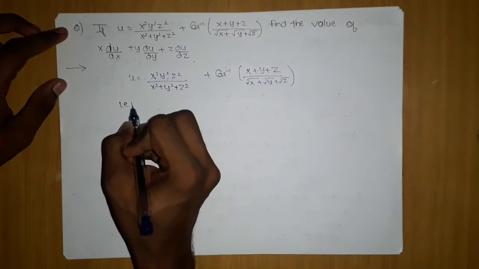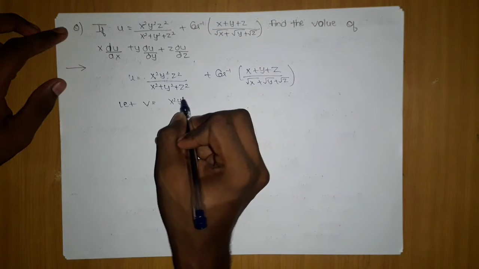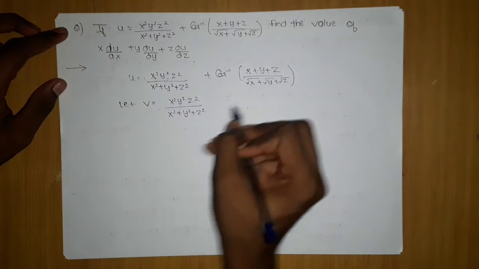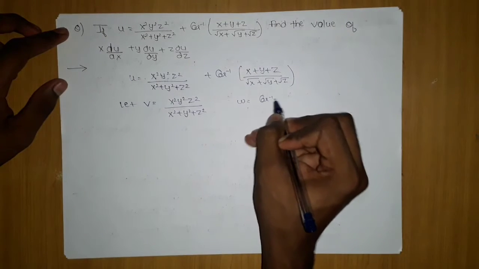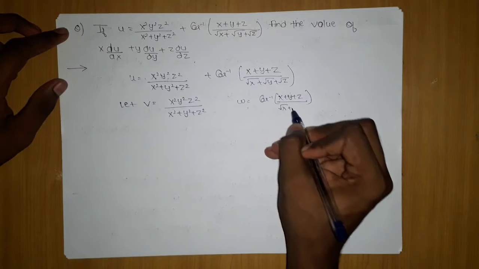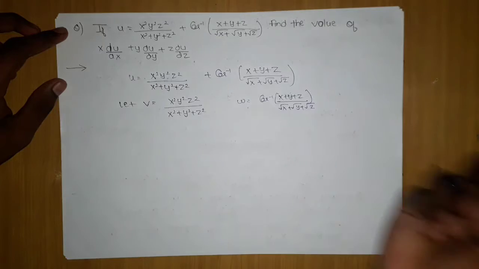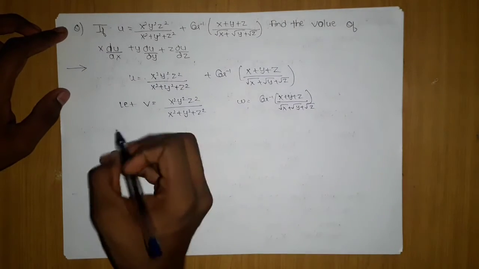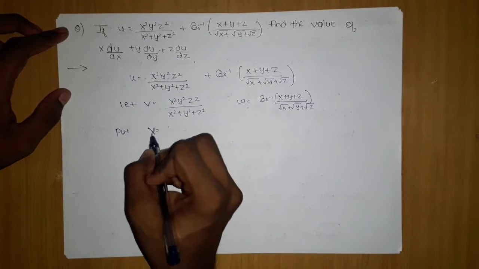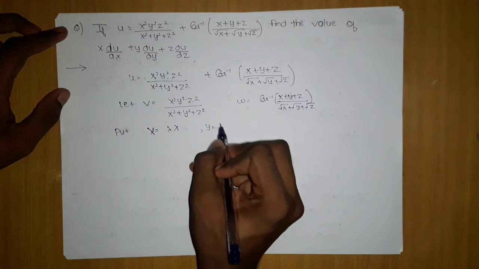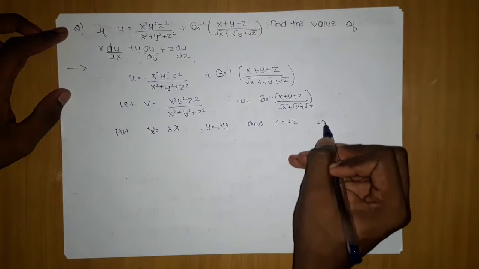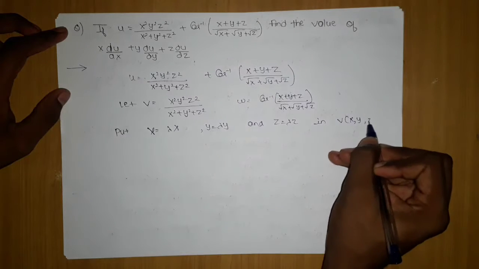After doing this, let v equals x square y square z square upon x square plus y square plus z square, and w equals cos inverse of x plus y plus z, the whole upon under root x, under root y, under root z. Now first we will take v and put x equals lambda x, y equals lambda y, and z equals lambda z in v of x y z.